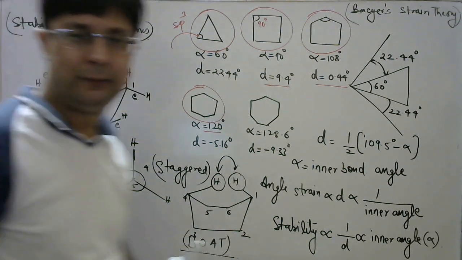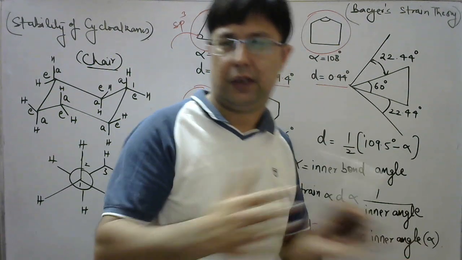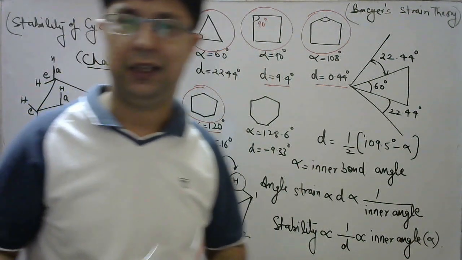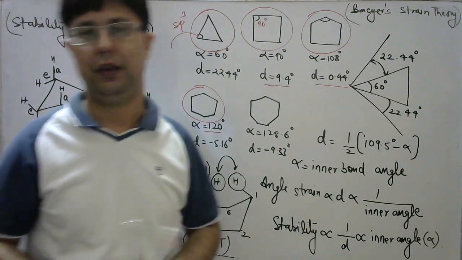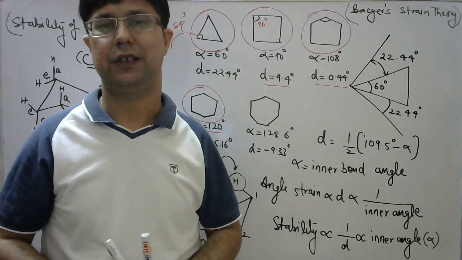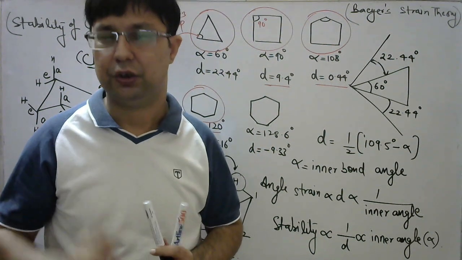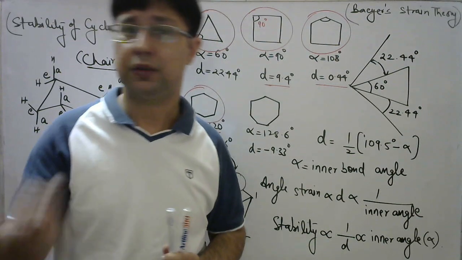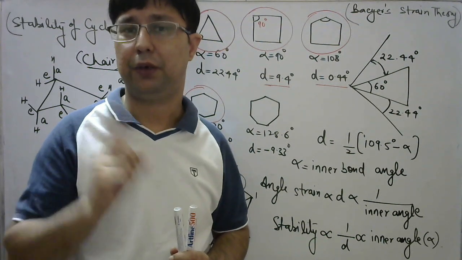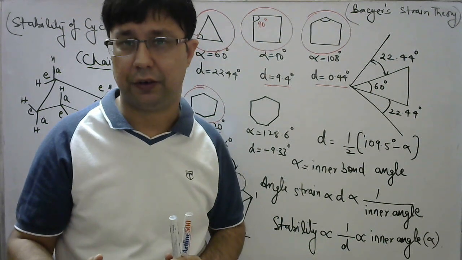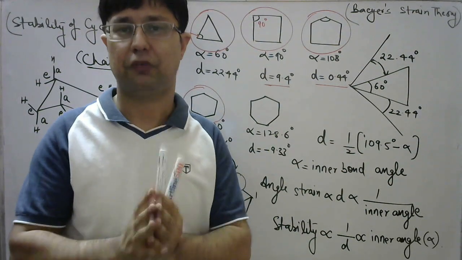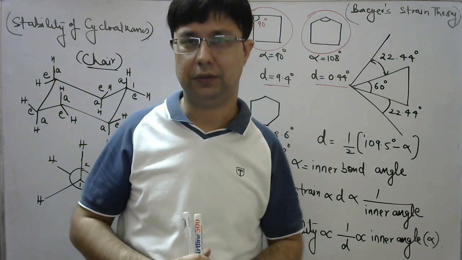And definitely in this case also, when I have done the twisting and the bending, the angle is coming out to be approximately 109 degrees, which means that it is free from angular strain. The chair form is more stable as compared to the boat form, not because of angular strain. The angle is approximately the same in both molecules.